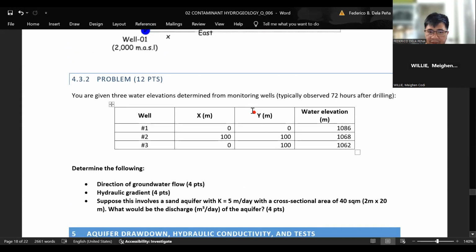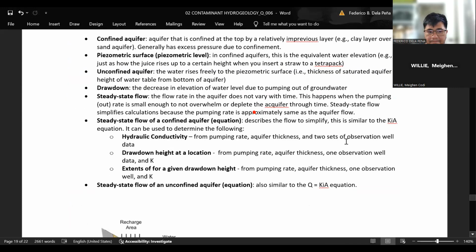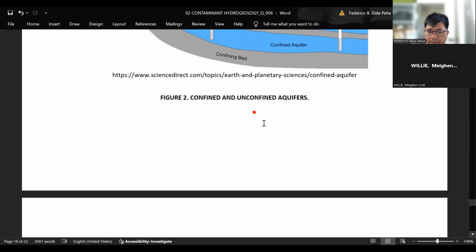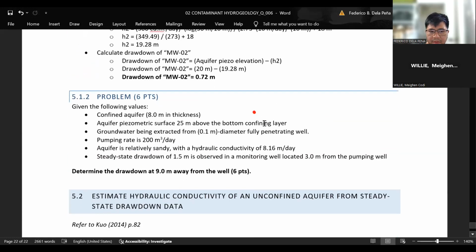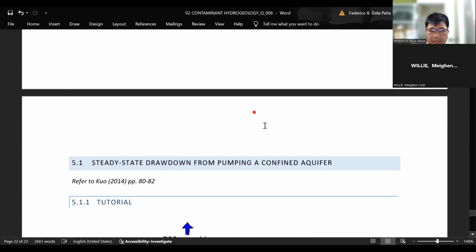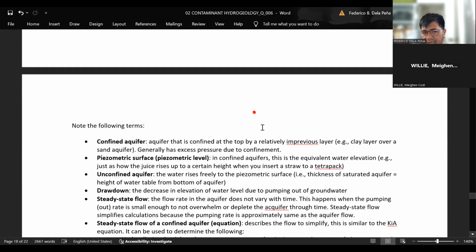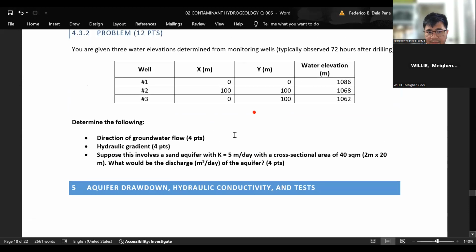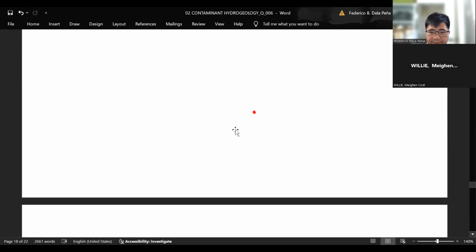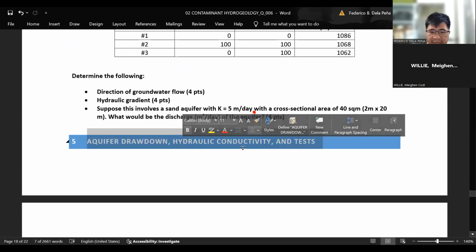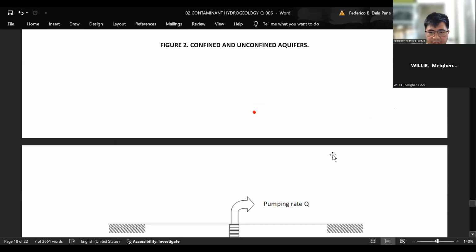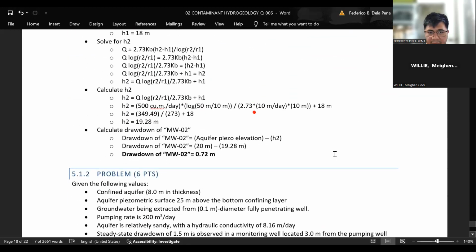For the next problem, you have a very similar situation, but with slightly different values. At this point, I will only require you to solve up to this problem. Chapter 5, I won't be requiring you anymore to solve.